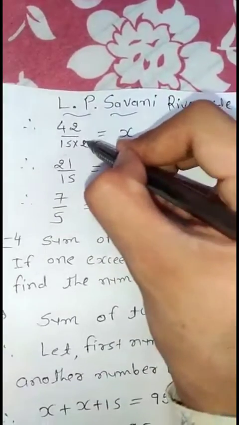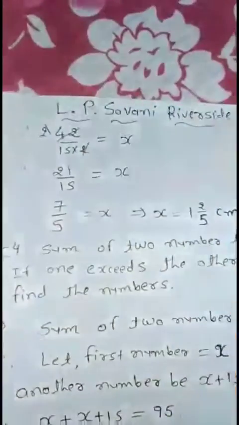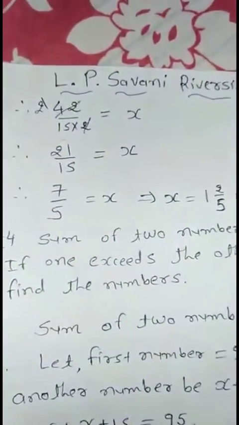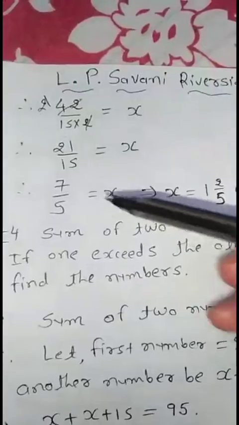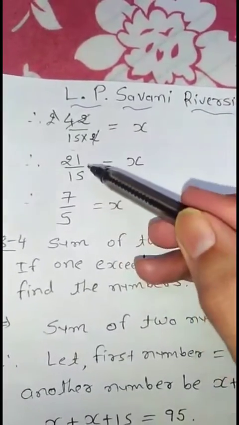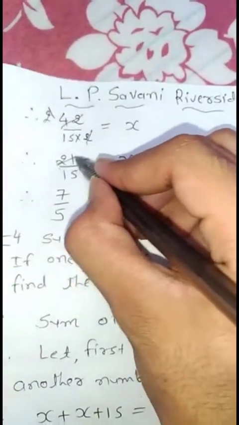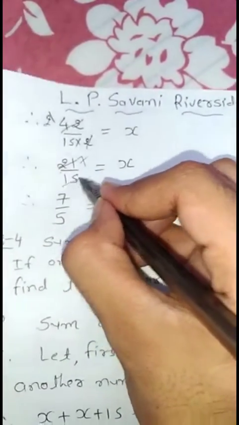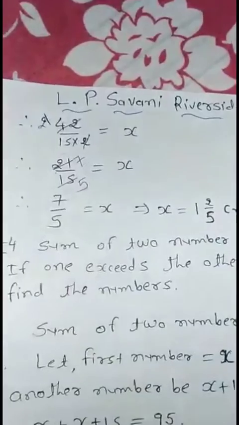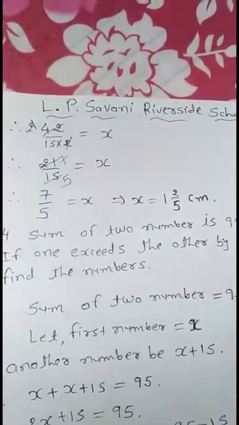So 21 upon 15 is equal to x. Then 3 sevens are 21, 3 fives are 15, so I get x is equal to 7 upon 5.